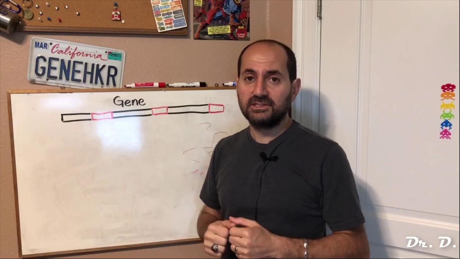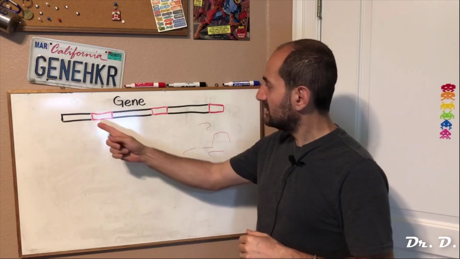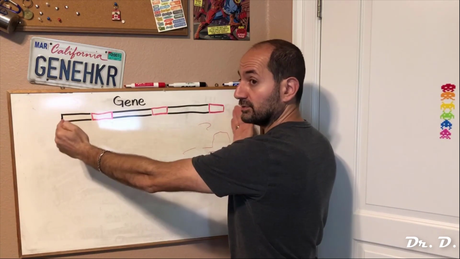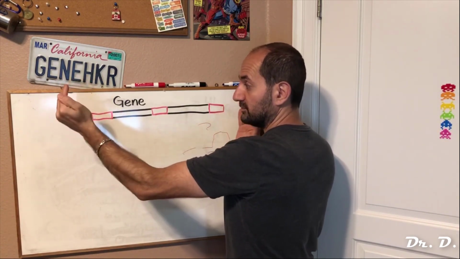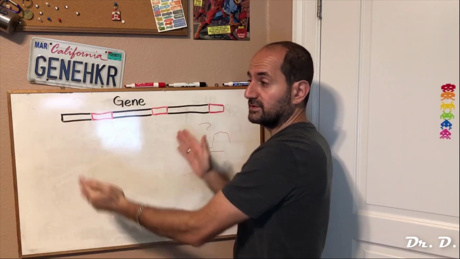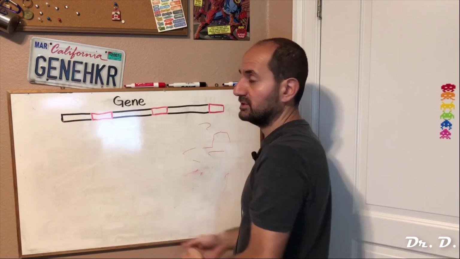All right, so here's something you need to understand about eukaryotic genes. Let's say this is a gene. This is the portion of a chromosome that codes for a particular protein. So for example, if this was the insulin gene, it would code for the insulin protein. Or if this was the hemoglobin gene, it would code for the hemoglobin protein.